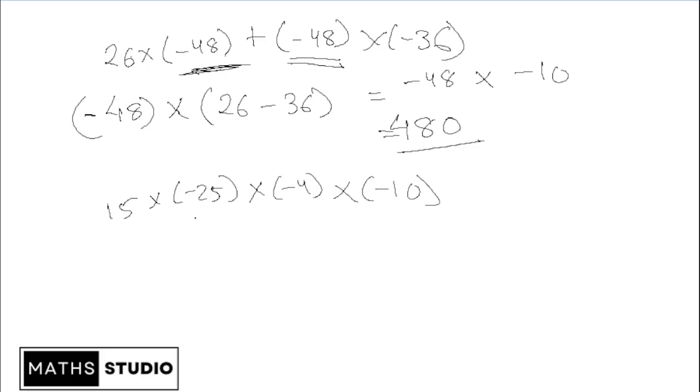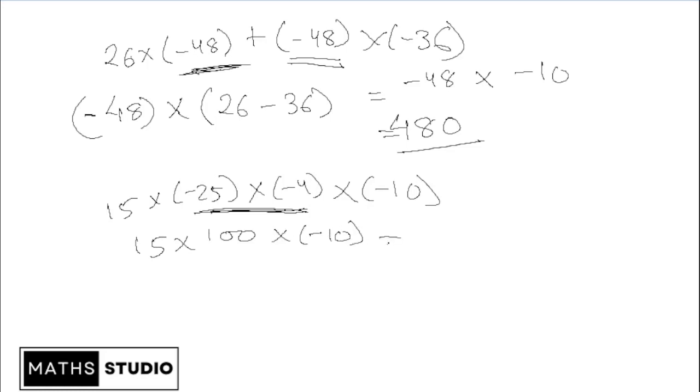So here the aim is to make sure that you multiply them in such a way that your multiplication for the next step is easier. So if we do 15 into minus 25, it would be a lot of calculation. So 25 fours we know is 100. So that should make our life a little easy. So 15 into 100 into minus 10.